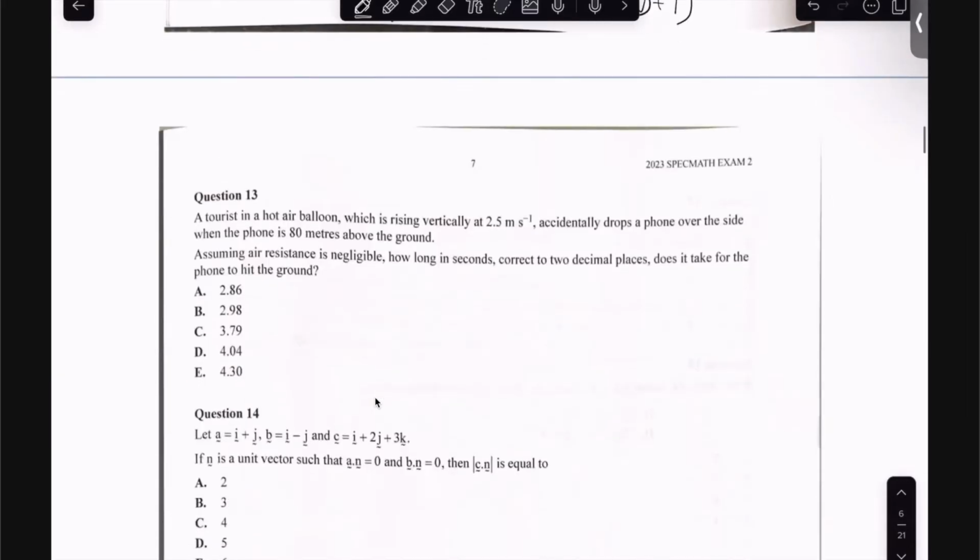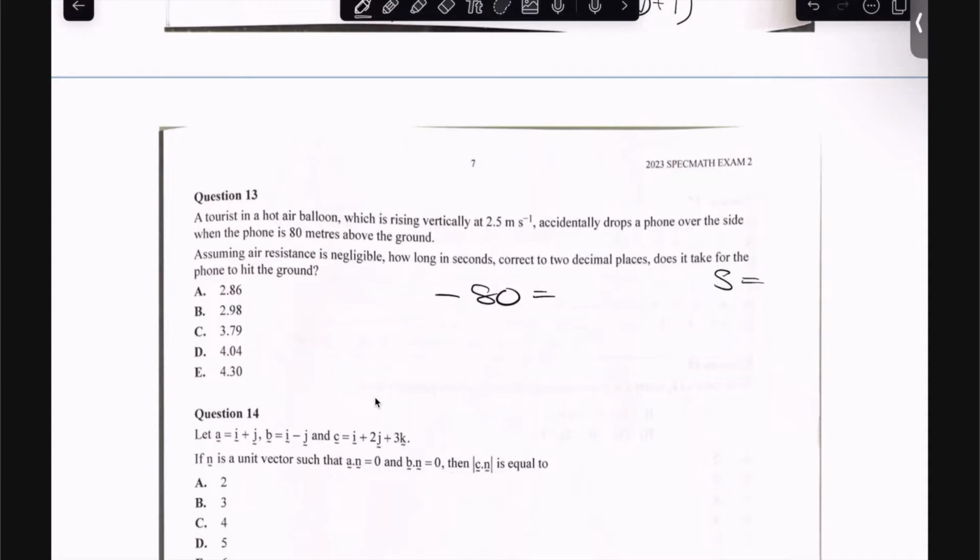A tourist in a hot air balloon which is rising vertically at 2.5 meters per second accidentally drops a phone over the side when the phone is 80 meters above the ground. Assuming air resistance is negligible, how long in seconds to hit the ground? So this is SUVAT. Initially you want your S to be negative 80. So I'll just write the formula.